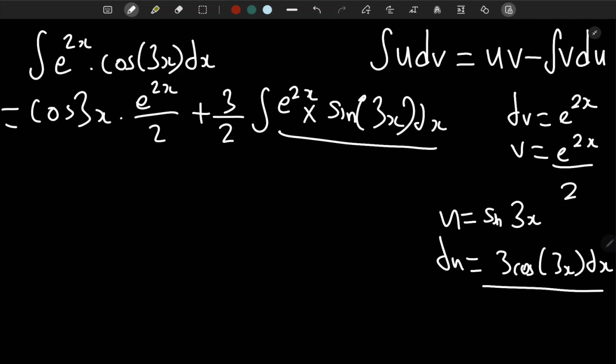And one thing to keep in mind is that whatever you took as u and dv, you need to stick to that again. You can't change it after using it once. So this part here is going to be, I'm going to write it on the next line.